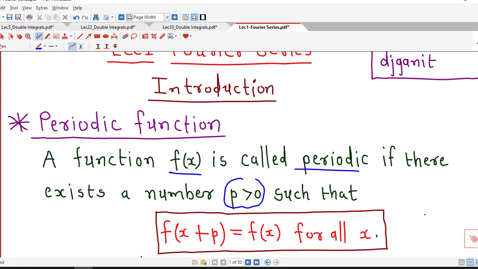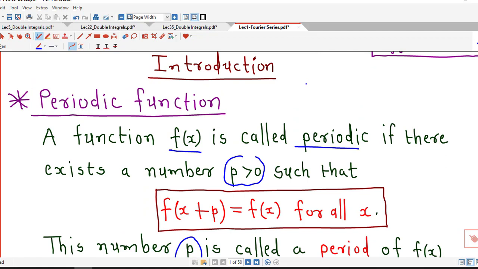So this means suppose we have some function f(x), and suppose the graph of f(x) in some interval of length p is like this.